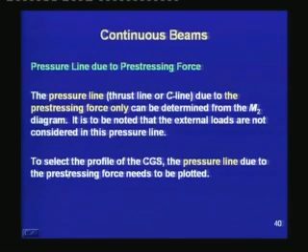To select the profile of the CGS, the pressure line due to the prestressing force needs to be plotted. The calculation of the pressure line helps us to select an appropriate cable profile in the continuous beam, and the pressure line can be calculated from the M2 diagram that we have just covered. And note that here the pressure line is due to the prestressing force only. We are not considering the effect of the external load in the pressure line.